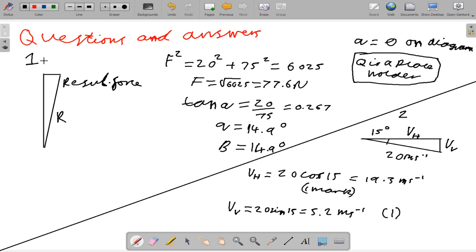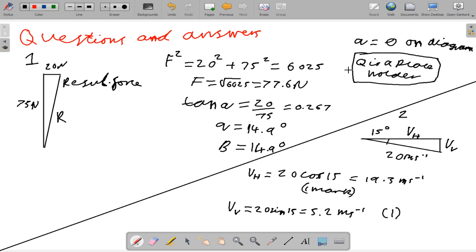So I'll put the R, 20 here, and the 75 newton weight here. So you do the Pythag, take the squares of 20 and 75 and add them together, making 6025. Taking the square root of that, and that makes 77.6 newtons.